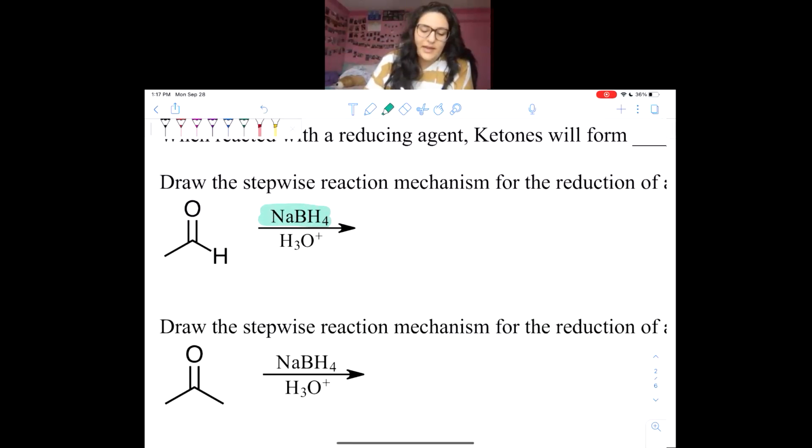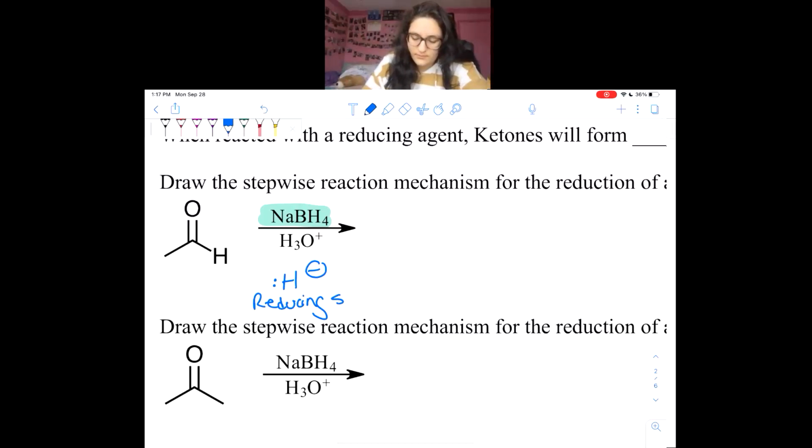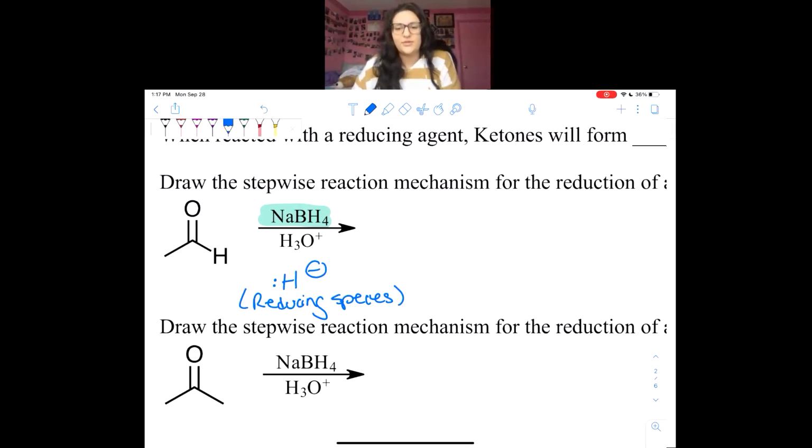But then our reducing species is actually just H-. And that's important because sometimes he'll give you a reaction and ask which one was the reducing species versus which one is the reducing agent. Just know NaBH4 is the agent, the reducing species is H-.